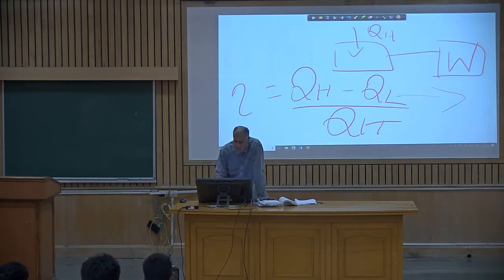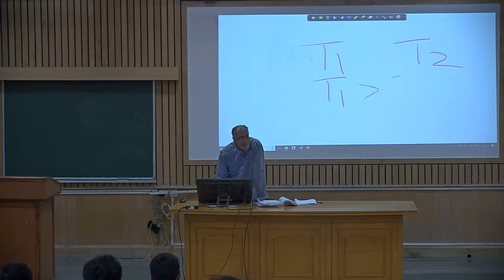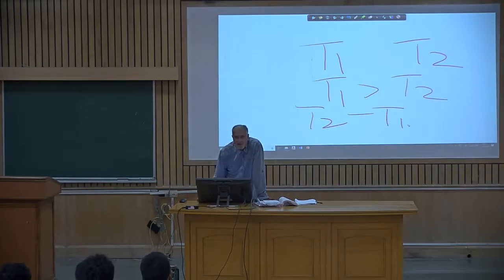So you go to a new page. You already have a refrigerated space which has T1. You take it to T2. So what are you doing? What is your gradient? Is this positive or negative? Negative. Will it work spontaneously? It won't work spontaneously.